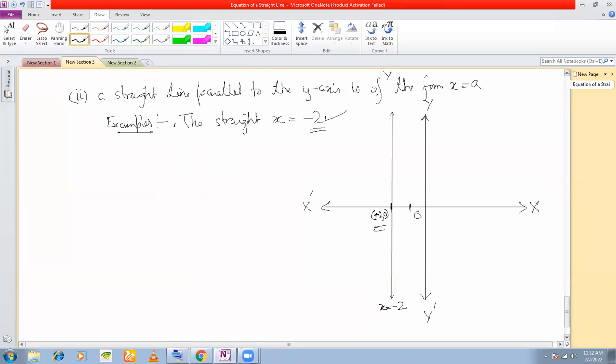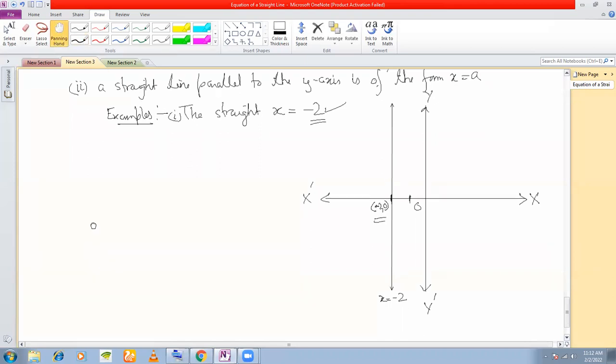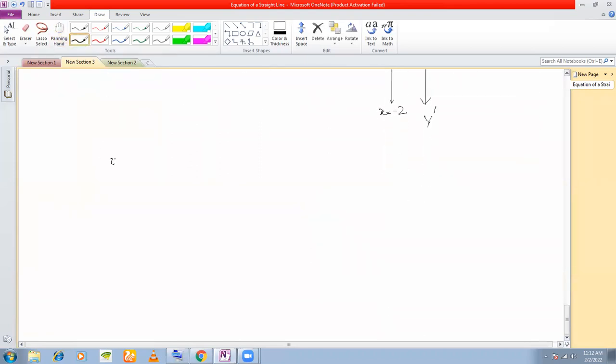Something to note, okay? Second example. The straight line x is equal to 5 units.